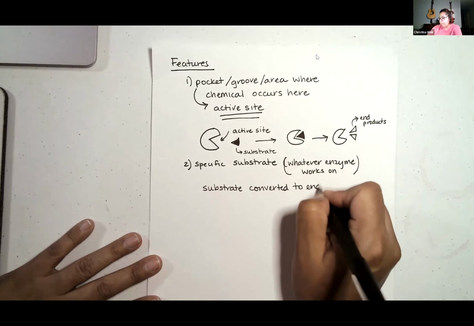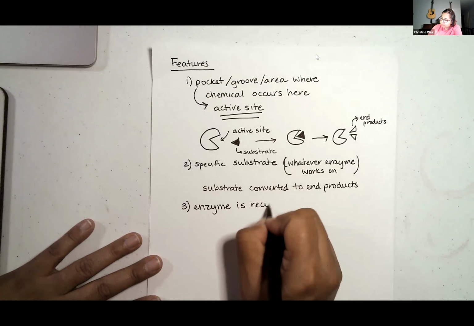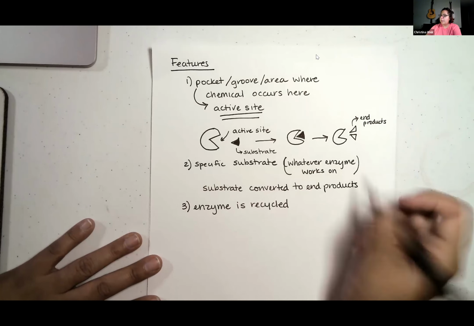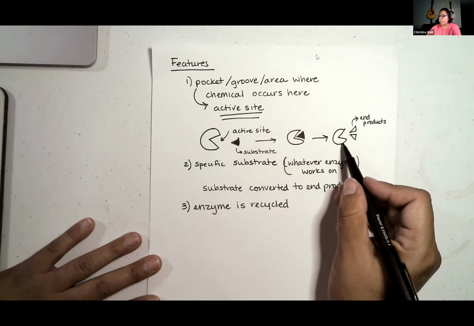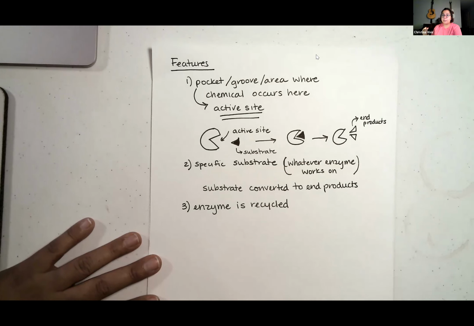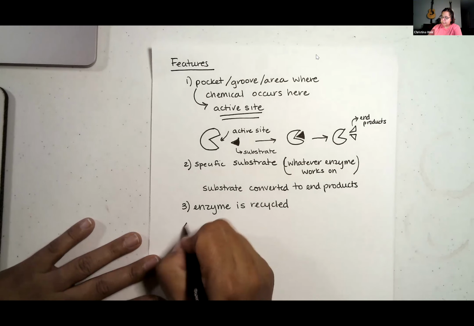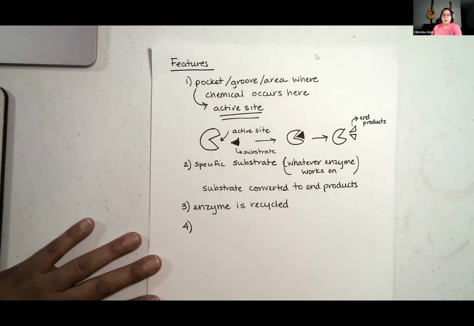Another feature: the enzyme remains unchanged, or we can say it is recycled. Now this enzyme can go back and find another substrate and do its action again. Every time an enzyme does its action, we say that enzyme has done one turnover.